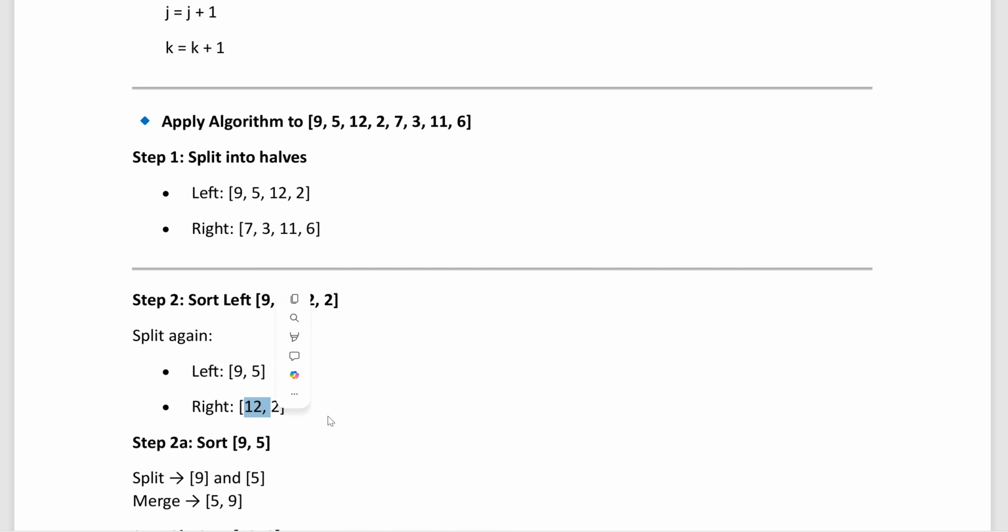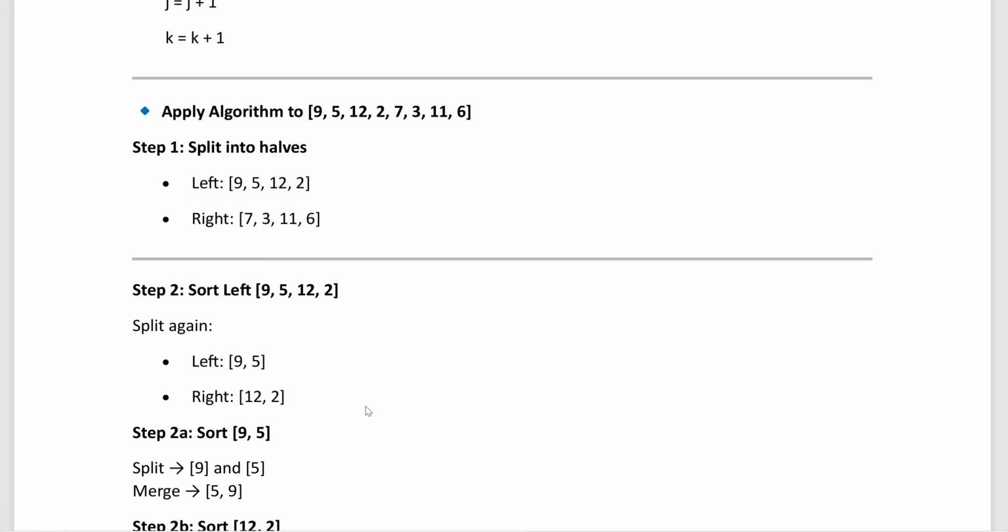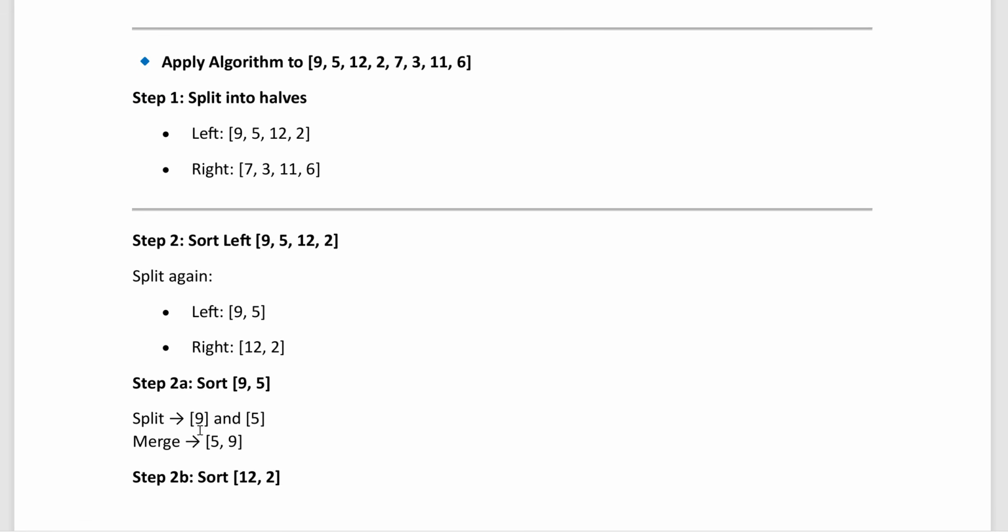Now, when we reach an array containing only two elements, then you have to sort it. How will we sort? You split 9 and 5 and then merge. Again, we have to carry out the splitting operation until we have a single element in an array.